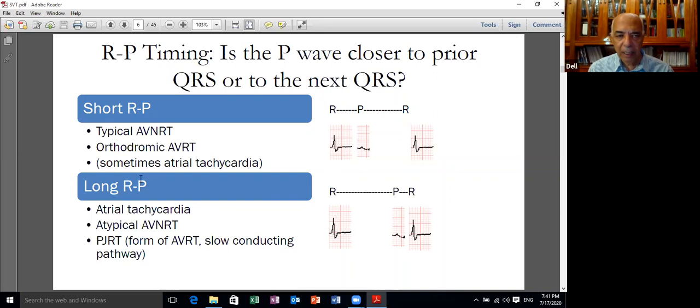Long RP tachycardia, on the other hand, is usually atrial tachycardia without heart block; the atypical AV nodal re-entry tachycardia, in which atrial activity goes down the fast pathway and up the slow AV nodal pathway; and the PJRT, which is paroxysmal junctional reciprocating tachycardia, which, as I just said, is a form of orthodromic AV re-entry tachycardia with a slow conducting posterior septal pathway.